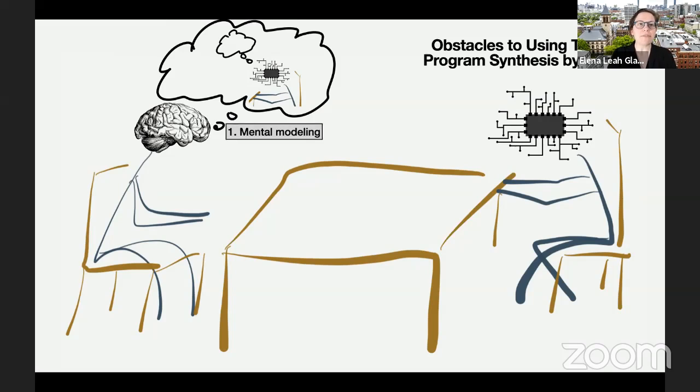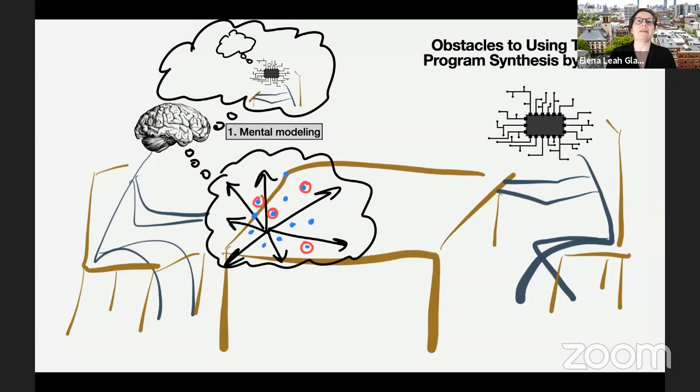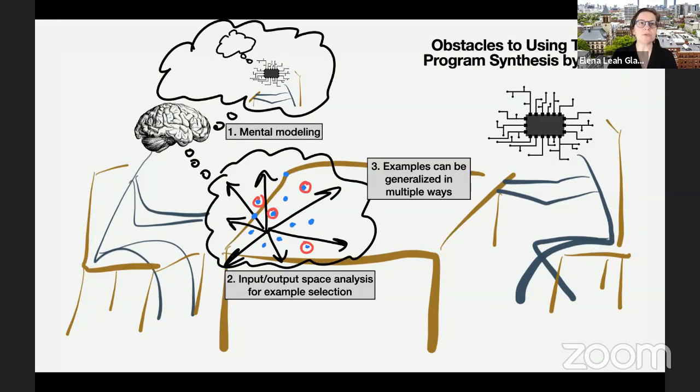It's also cognitively effortful for the human to analyze the input space and how that maps to the outputs they want, and which set of small examples most fully specifies what they want. This input-output space analysis for example selection is cognitively effortful. Also, a handful of examples, which is all the human really wants to come up with, can be generalized into a program in many different ways.